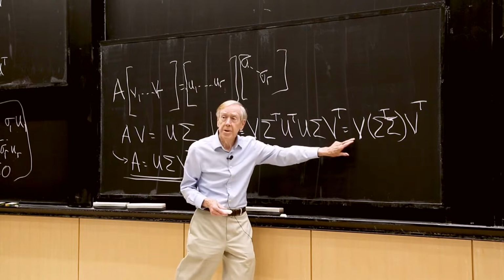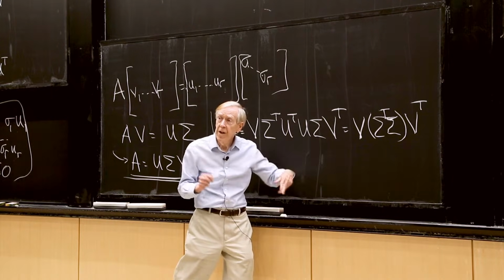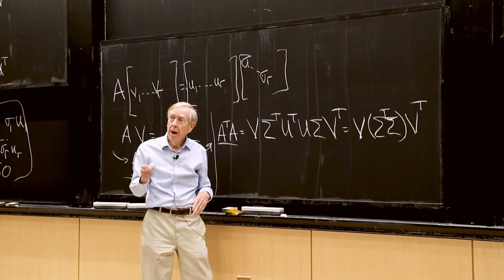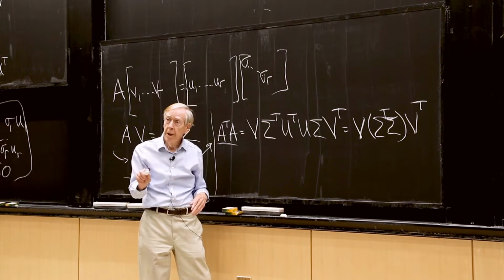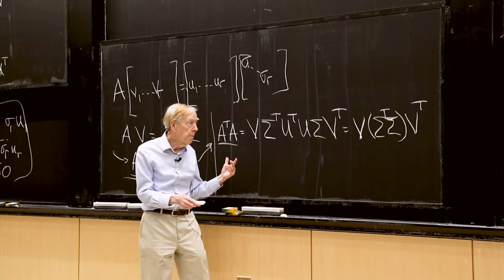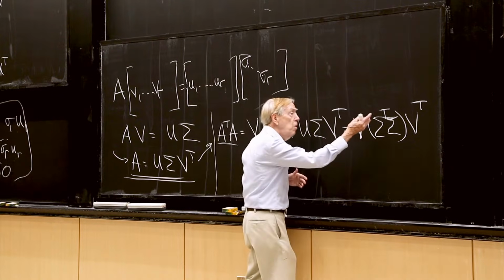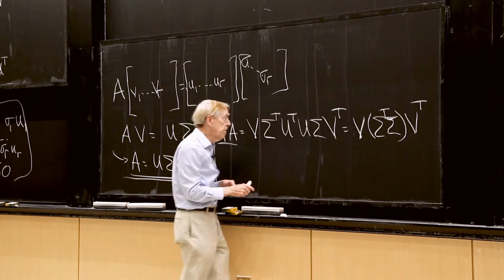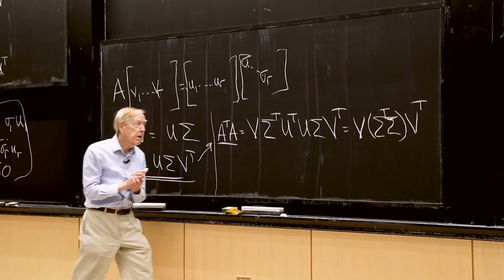So what are the V's? The V's are the eigenvectors of A transpose A. Here, this is the Q lambda Q transpose for that symmetric matrix.